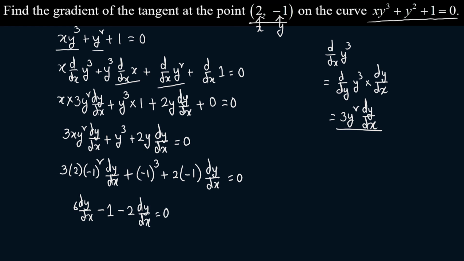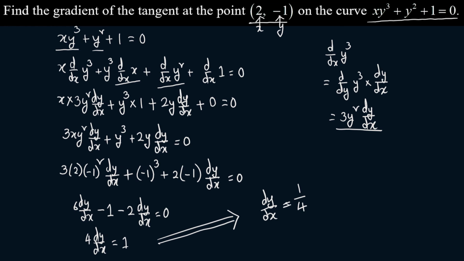On the right side it equals 0. From 6 dy/dx, if we subtract 2 dy/dx, we get 4 dy/dx, and the 1 goes to the right side. If we make dy/dx the subject, it gives us 1/4.